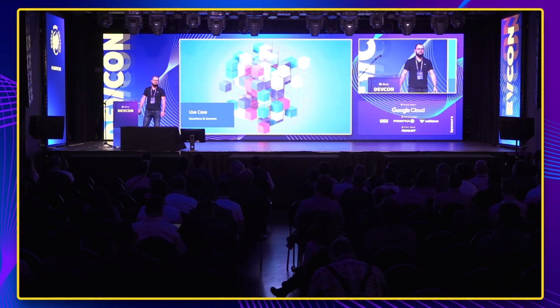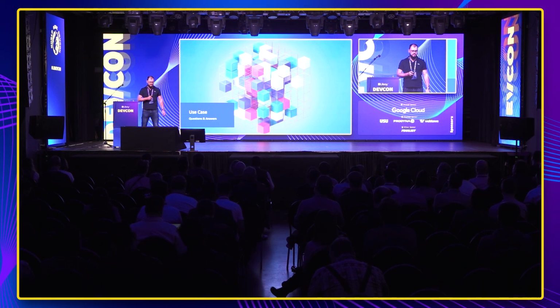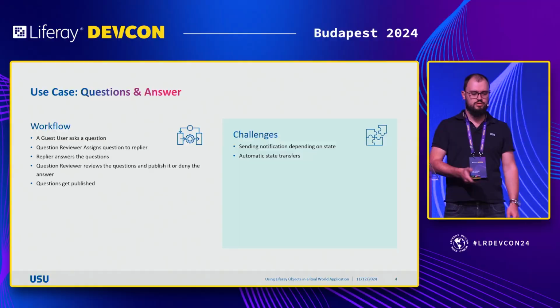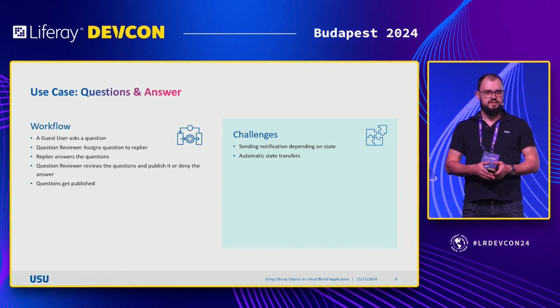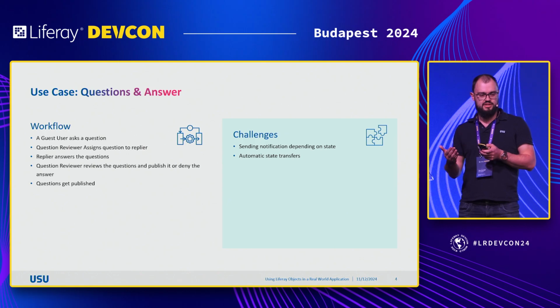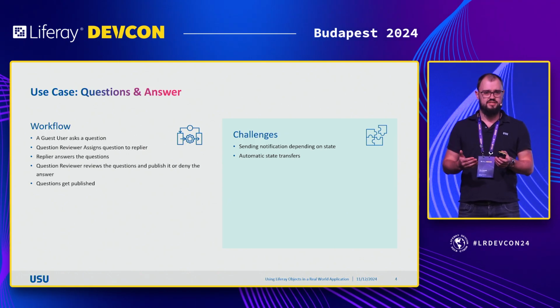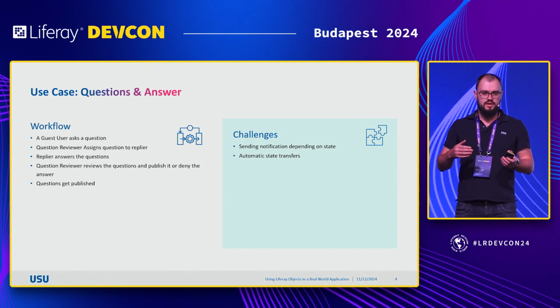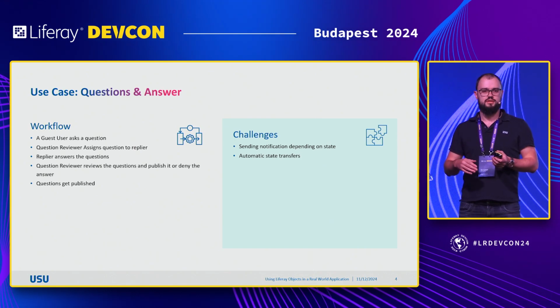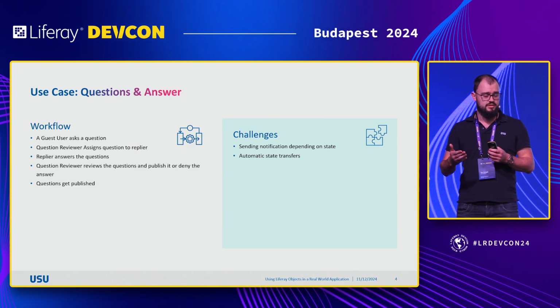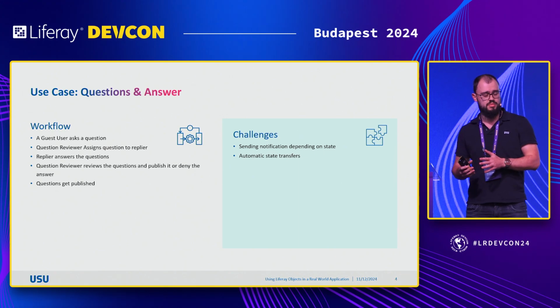The first use case was a question and answer use case. The workflow looks a little bit like this. A guest user can ask a question on the website, which gets assigned to a question reviewer, who reviews the question, searches for an expert who can answer it, and assigns it to the expert in the backend.